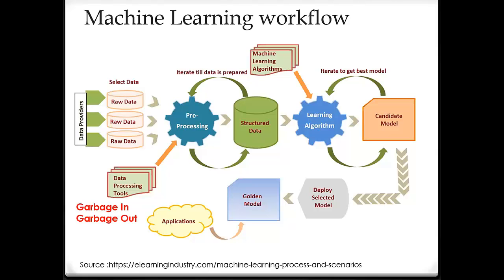After you've collected and processed your data, you now feed this structured data into your learning algorithm. Since this is applied machine learning, it is up to you to choose which model algorithm you are going to use.